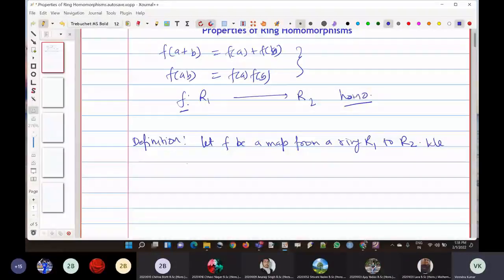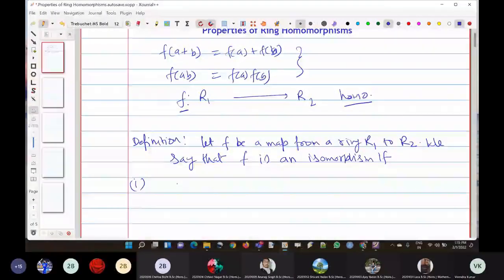We say that f is an isomorphism if, first, f is a homomorphism, and secondly, f is 1 to 1.